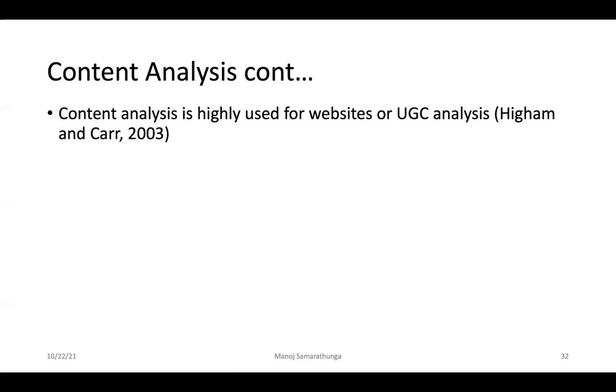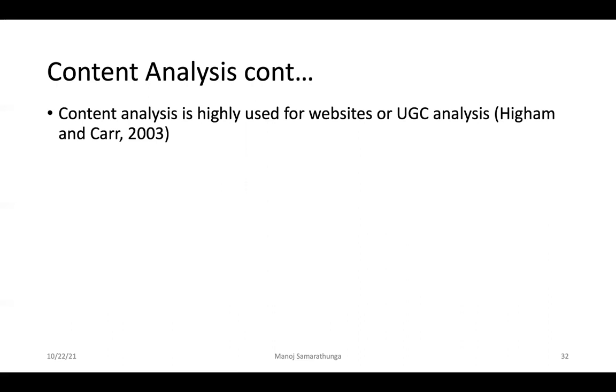Because now we have blog sites, different bloggers, travel experiences, and newspaper articles, everything appears on the internet. By analyzing that user-generated content, we can definitely get a sound idea about a certain phenomenon being discussed.